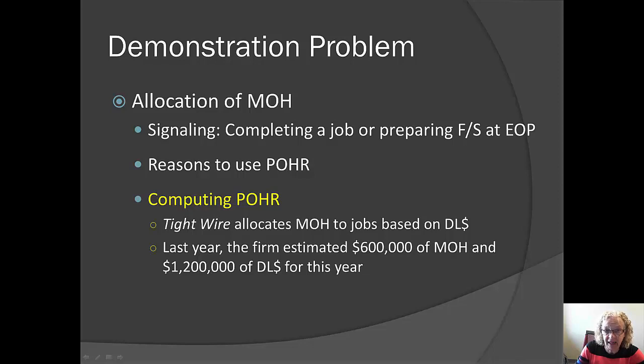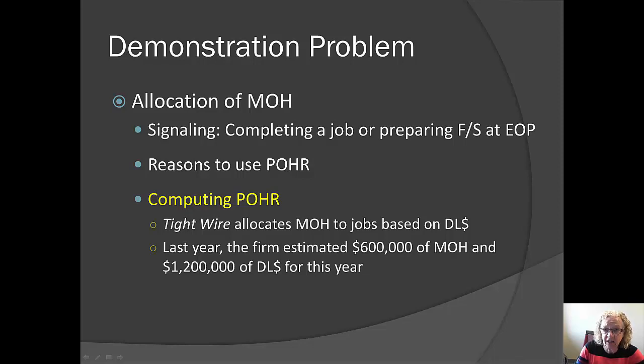GAAP does not tell manufacturing firms which allocation base to use. Instead, it tells manufacturing firms to pick a methodology, use that methodology consistently, and disclose what it is in the notes to the financial statements.